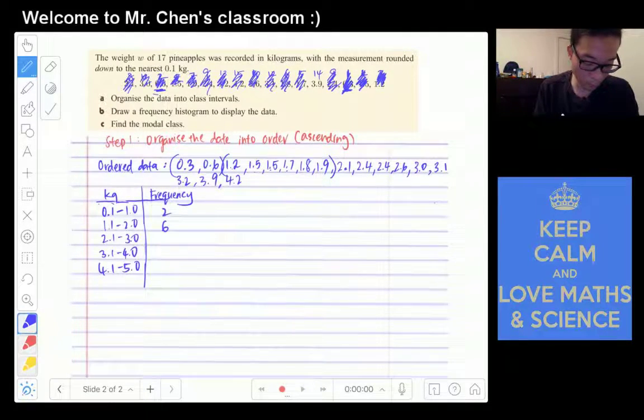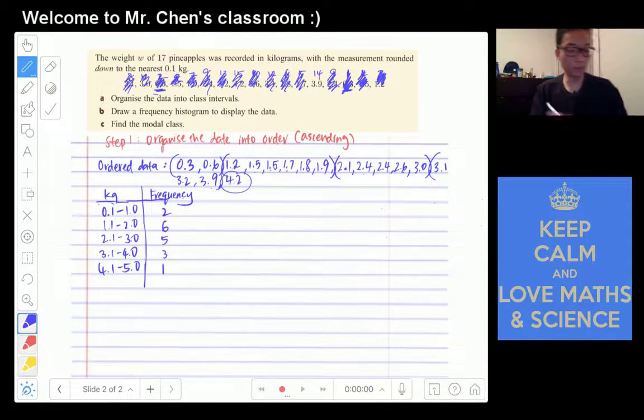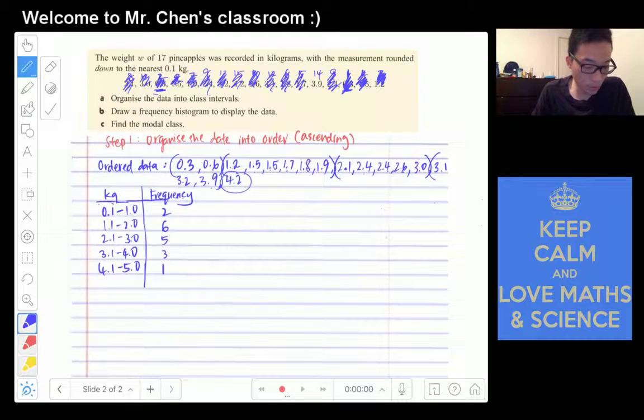From 2.1 to 3.0, we have 1, 2, 3, 4, 5. 3.1 to 4, so 1, 2, 3. And then 4.1 to 5, there's only one here. So there you go. That's how you organize them into class intervals, and from there you can draw a frequency histogram.